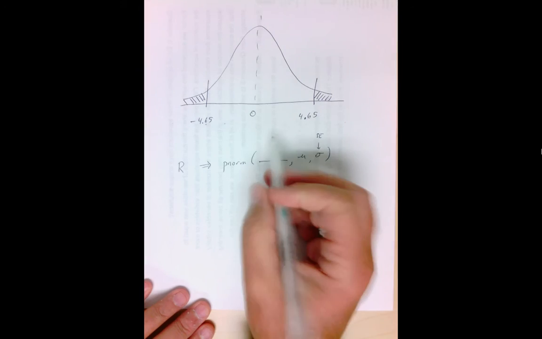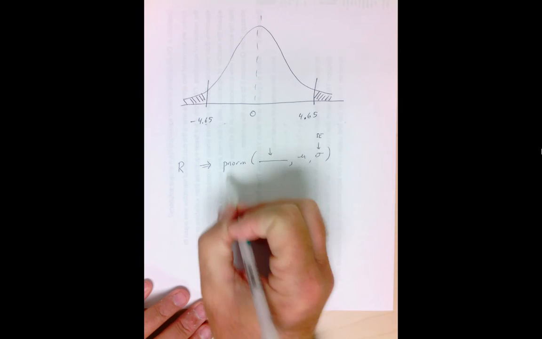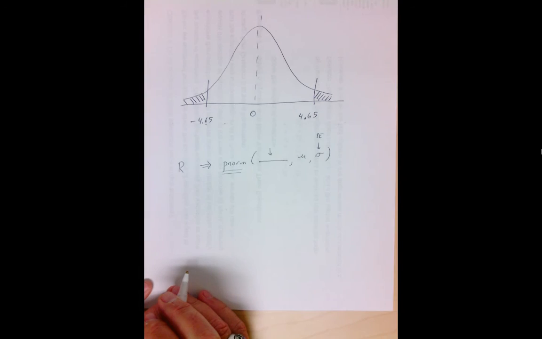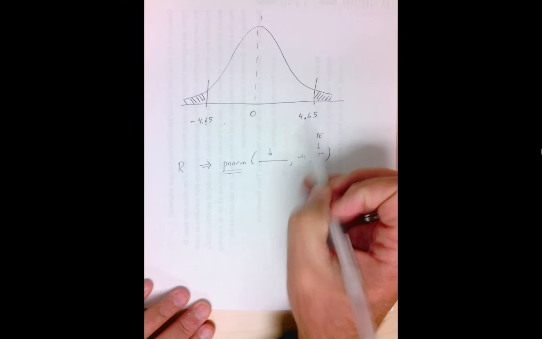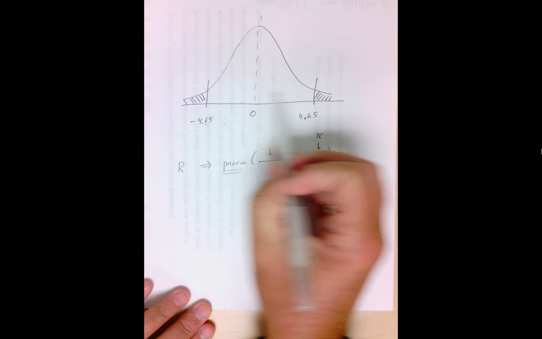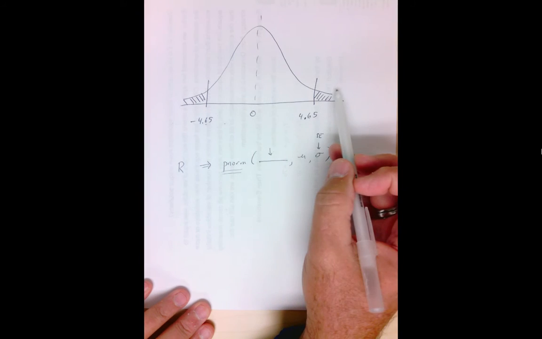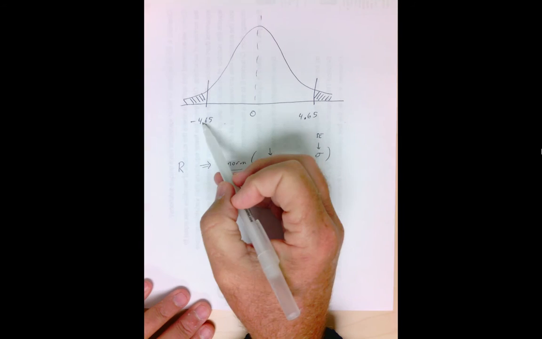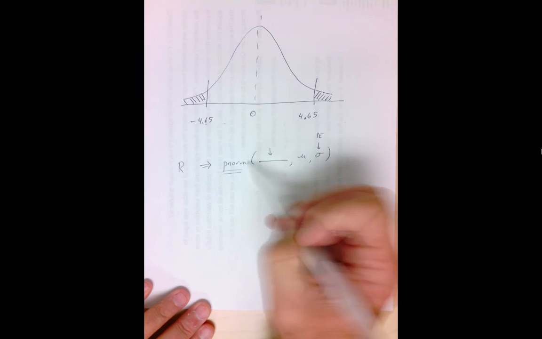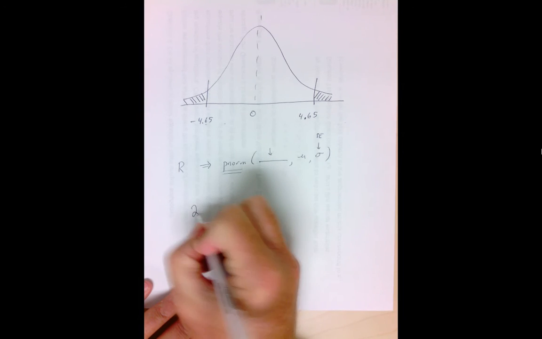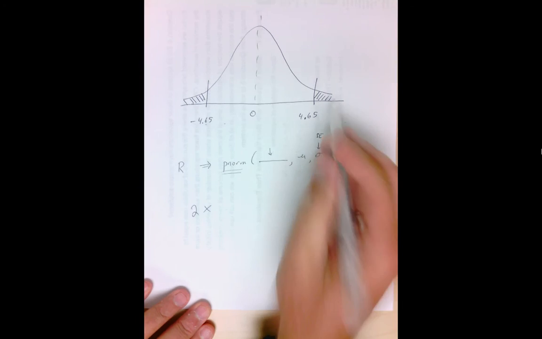Whatever we put right here, this R command will calculate the area below. If I put in 4.65 here, it's going to calculate all this area, so I would have to do 1 minus that. But if I put negative 4.65, I'm going to be fine. I would just need to multiply by 2 because I have 2 areas.